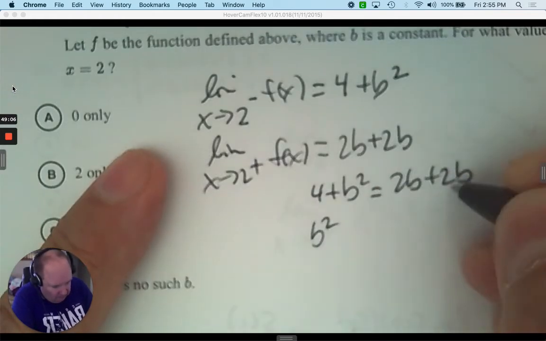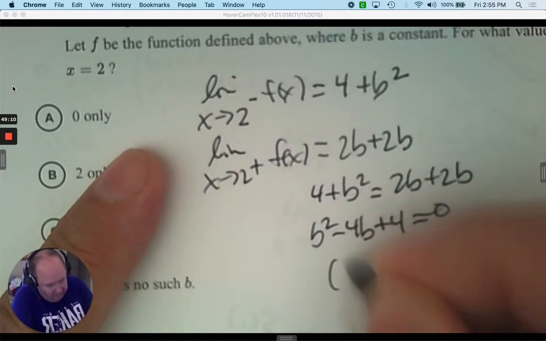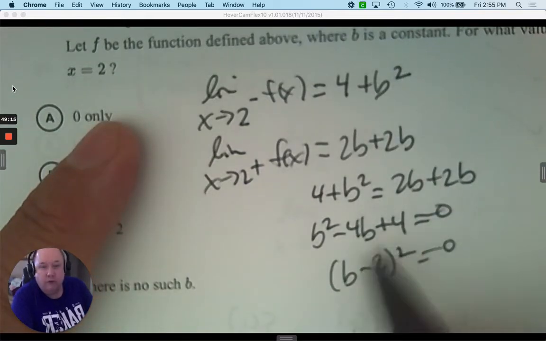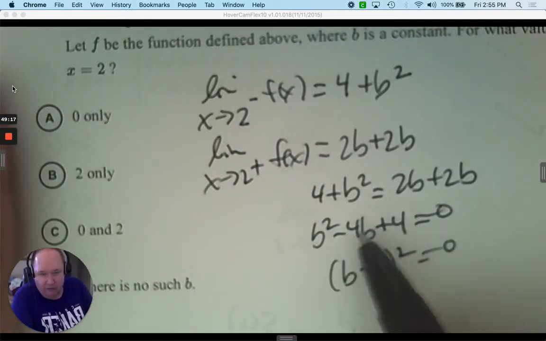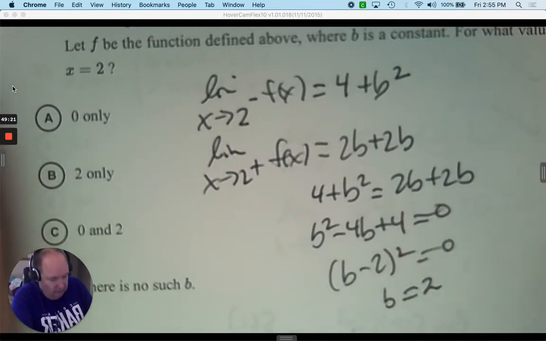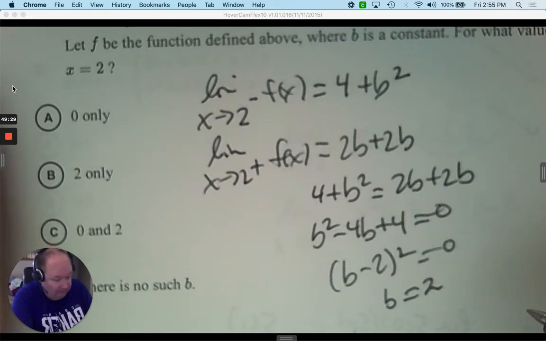So I have b squared, subtract 4b, plus 4, factor this. So the two numbers that multiply to 4 and add to negative 4. So the answer here is positive 2 is what solves it. So when b equals 2, it's continuous. If b equals 0, it would not be continuous.